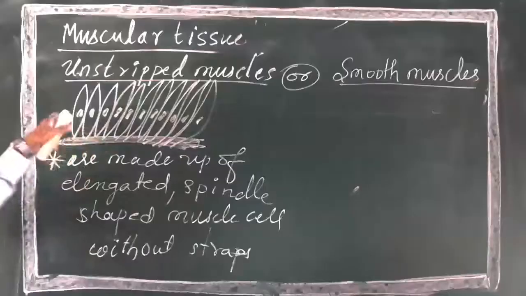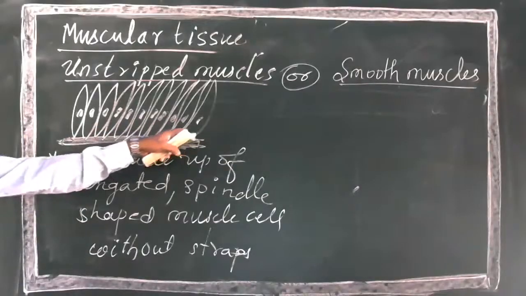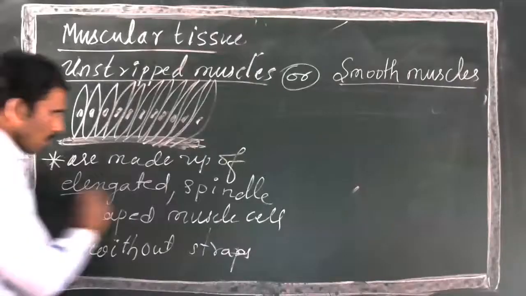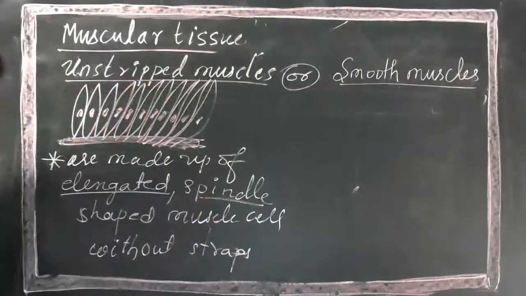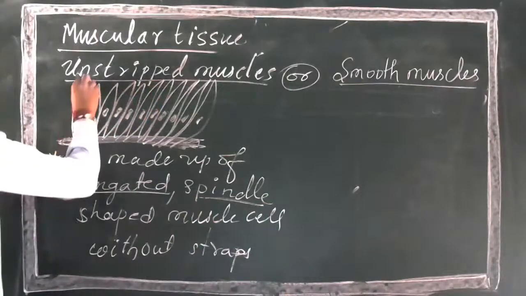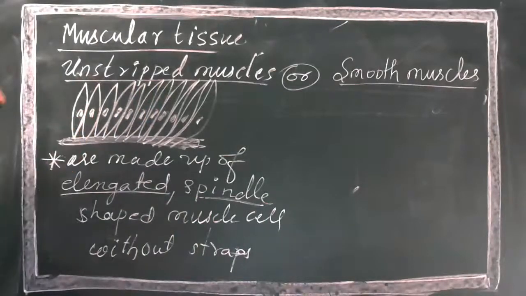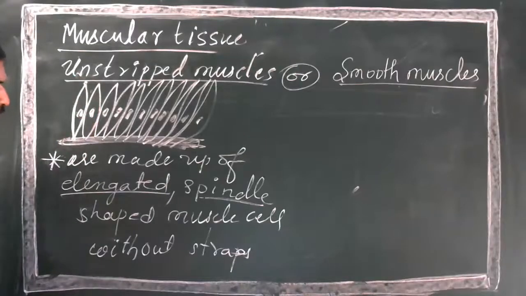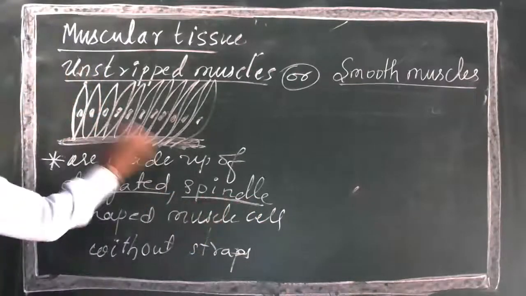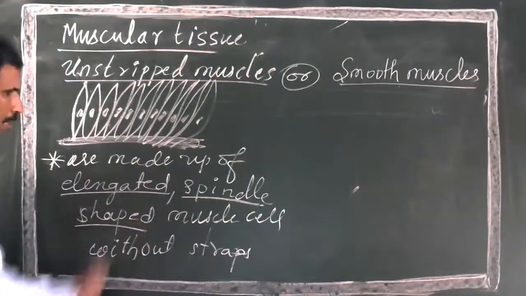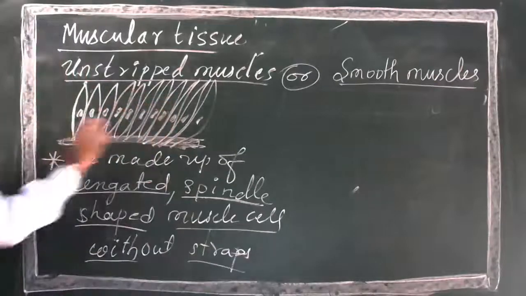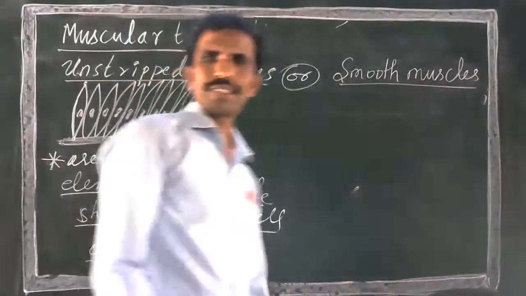See, so you can see here the muscle cells. These are elongated, spindle shaped. Spindle shaped means tapering ends. Both ends are tapering. Tapering means they are pointed. This end is also pointed. This end is also pointed. This type of muscle cells are called spindle shaped muscle cells. Then without stripes, there are no stripes over here.